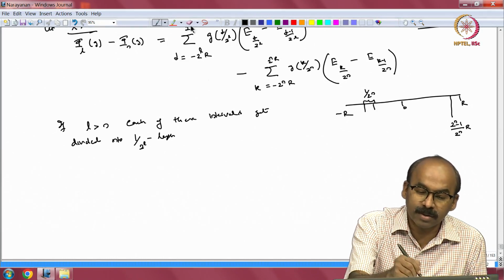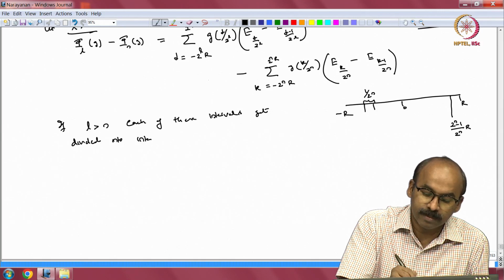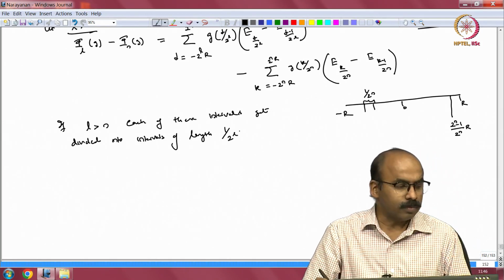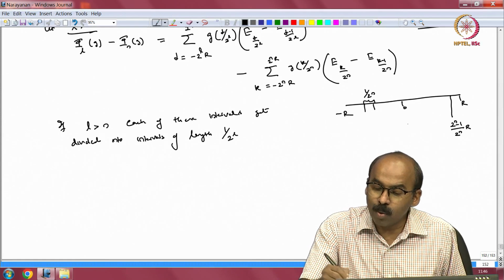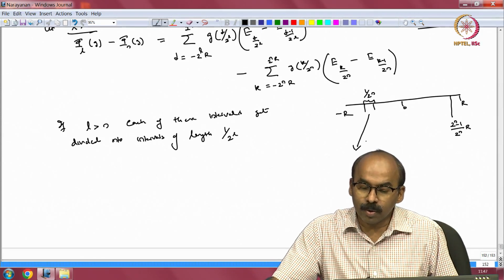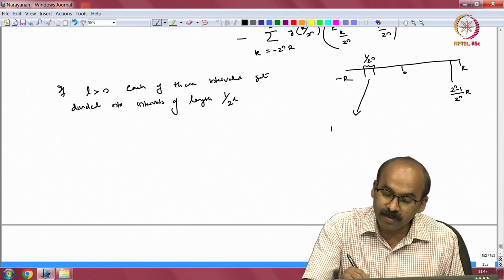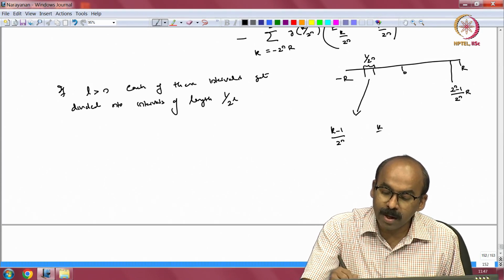Okay. So, let me write this properly, into intervals of length 1 by 2 to the L. Okay. So, what do I mean by that? Let us take one subinterval from here. A subinterval is going to look like, let us use k, because we used k for n, k minus 1 by 2 to the n to k by 2 to the n.